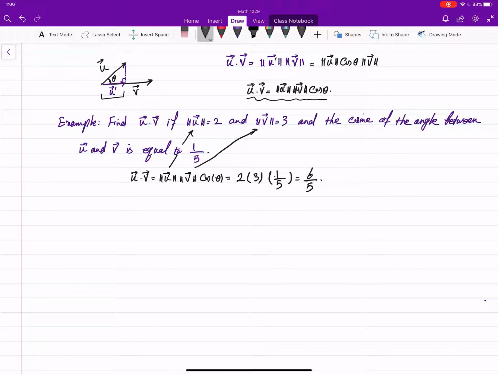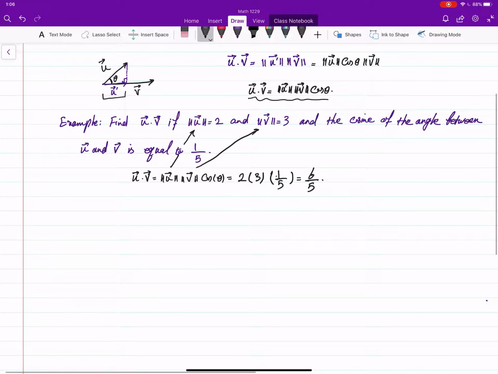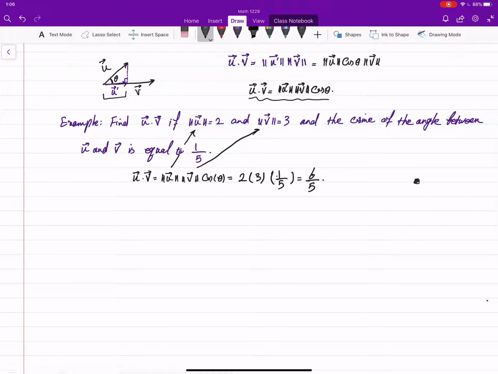Well, one of the very important implications of this is that, if I know this formula is true, I can divide to the other side. In other words, u dot v equals length of u times length of v times cosine theta.